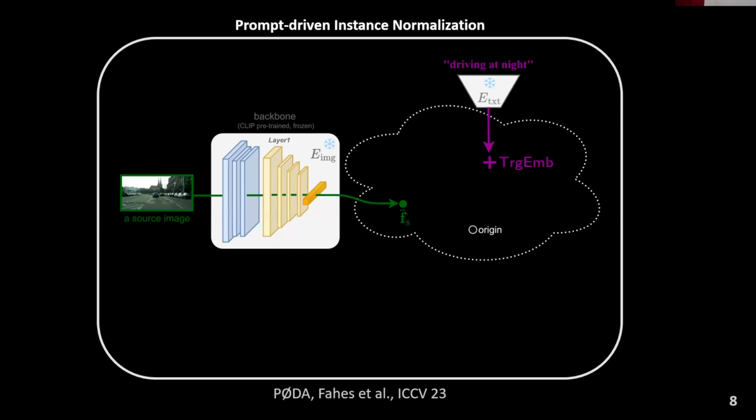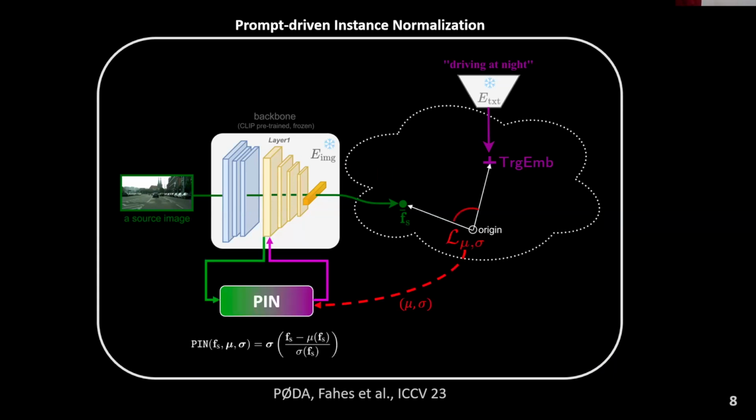And in that work, what we've done is we show that we can take a source image and process it through a CLIP image encoder, project the features into this multimodal embedding, and by simply modifying the statistics of the first layer of the CLIP image encoder, we can make that embedding closer to those of a target embedding that is described with a prompt at the top, so driving at night.